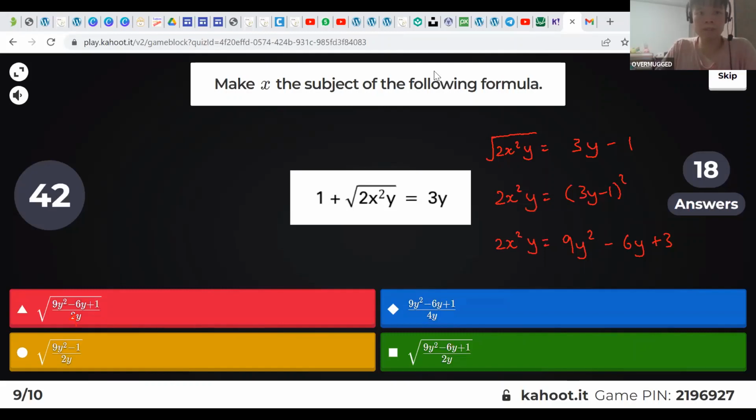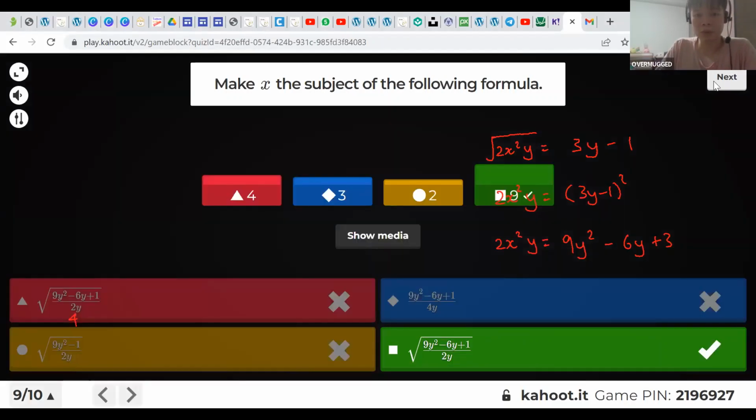Anyone else choose weight? Who are the other two that chose weight? So how to get the answer?